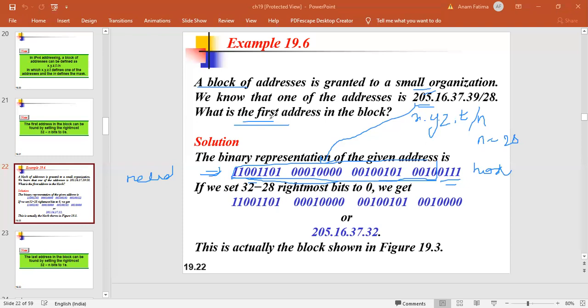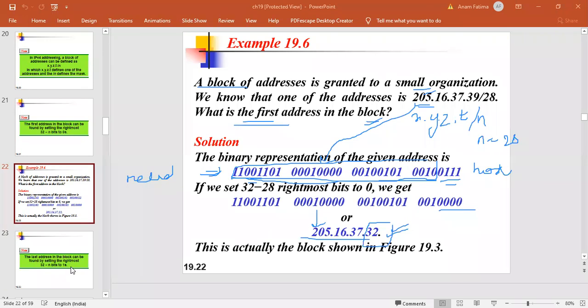So the first address in the block can be found by setting the last 4 bits, that is 32 minus 28, the rightmost 4 bits, to 0. If you convert it into its decimal equivalent, it will come to 205.x.y.32. This is going to represent the first address, and this first address is used for identifying the block.